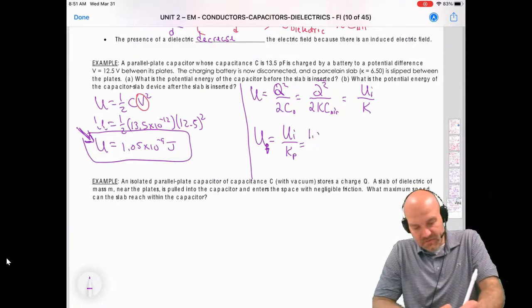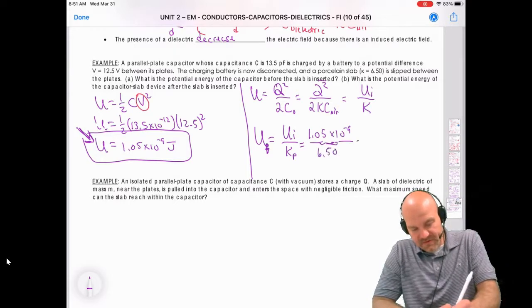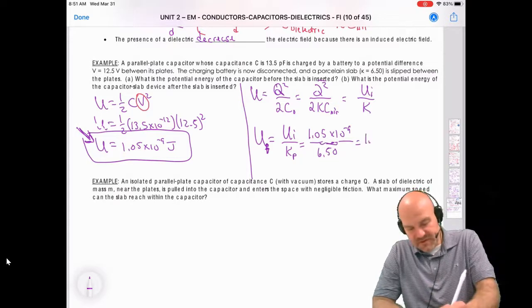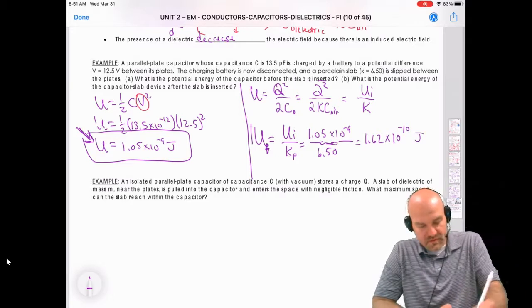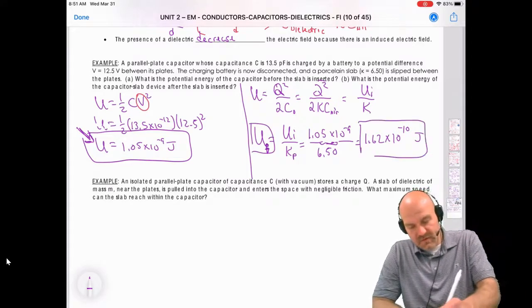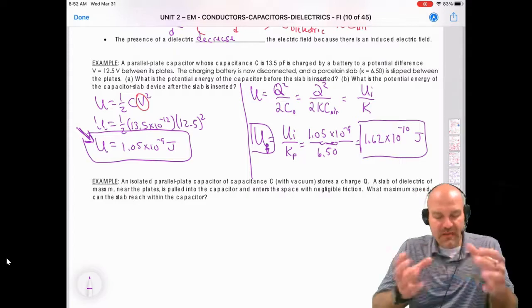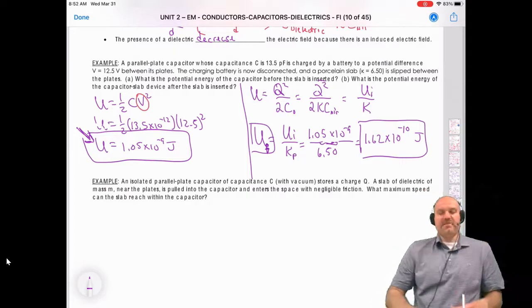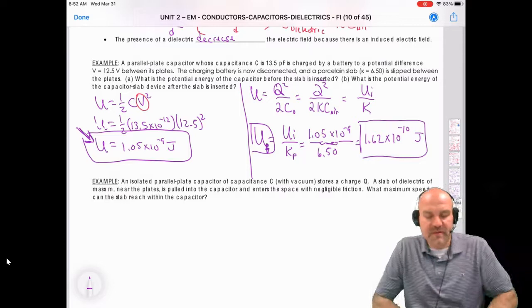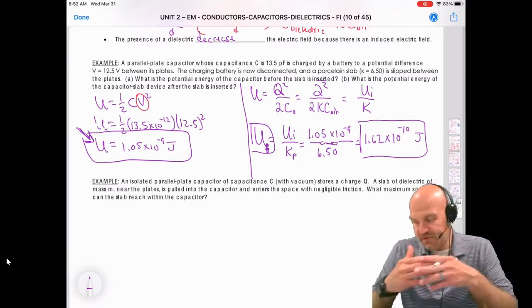So that's 1.05 times 10 to the negative ninth divided by 6.50, which ends up being 1.62 times 10 to the negative 10th joules. So you can see that once you put that dielectric in, you've decreased the amount of potential energy.